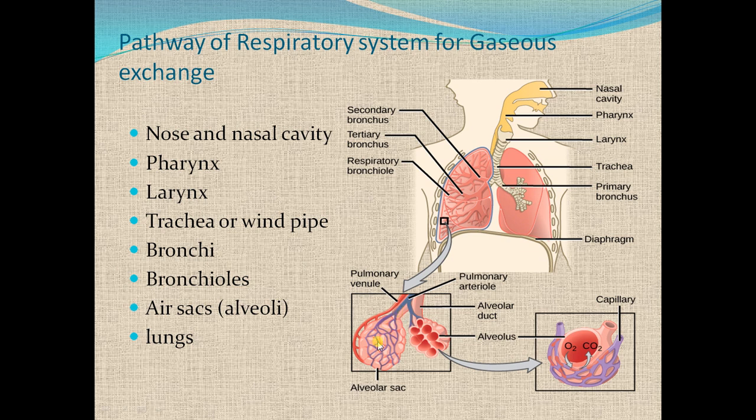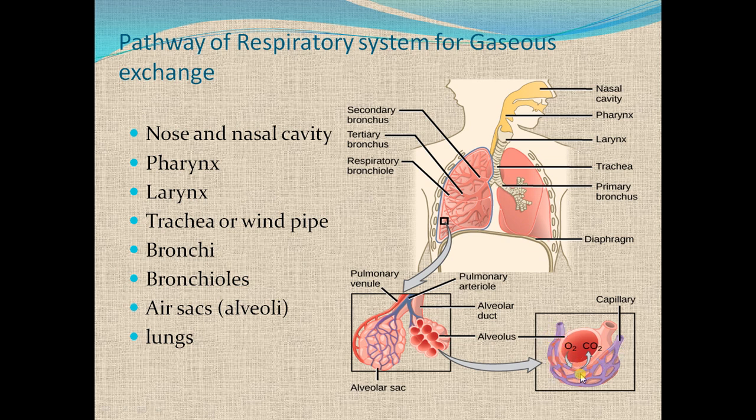In this cluster of air sacs, there are small balloon-shaped structures. These are called alveoli. Now let's discuss a single alveolus. This is a single alveolus, that is covered by a thin membrane and surrounded by a network of capillaries.